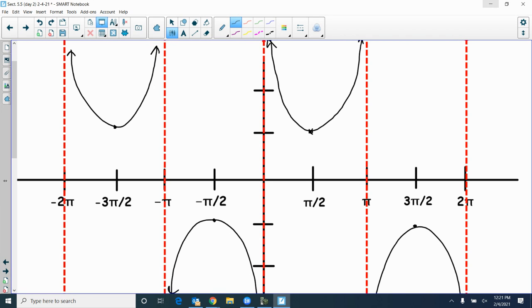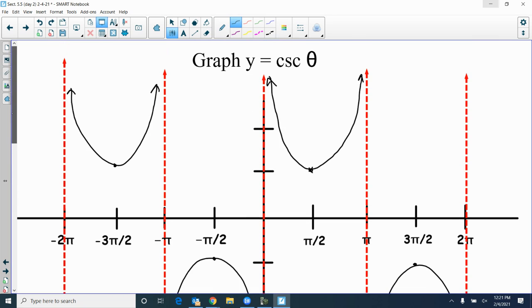All right, take a look at domain, take a look at range, take a look at period. Be careful on the period, because you're tempted to put pi, but somebody tell me why it's not pi. If it was pi, that means that it starts to repeat itself.